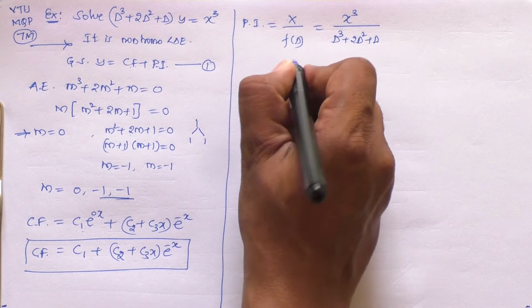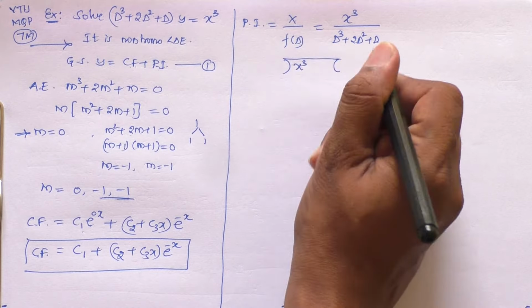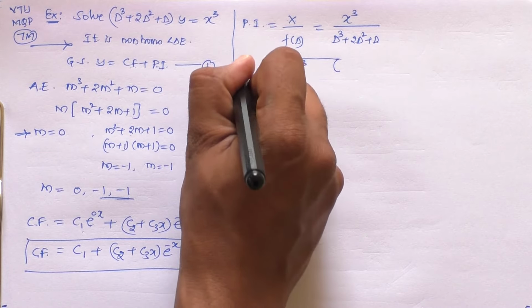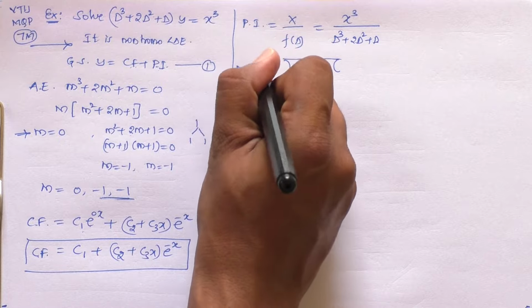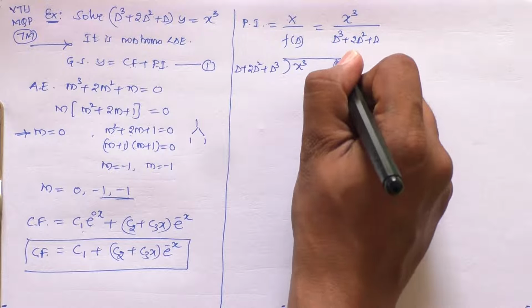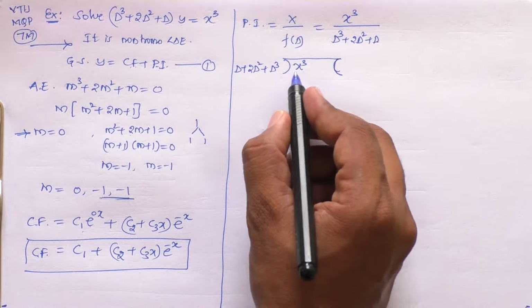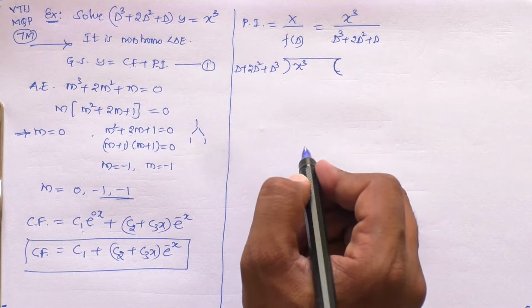Normal division method means x cube goes inside the division table, and the divisor in ascending powers of D is written as D plus 2D square plus D cube. Now we choose the quotient in such a way that all terms are eliminated and the remainder is 0.